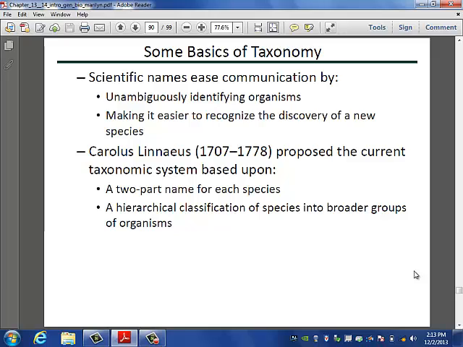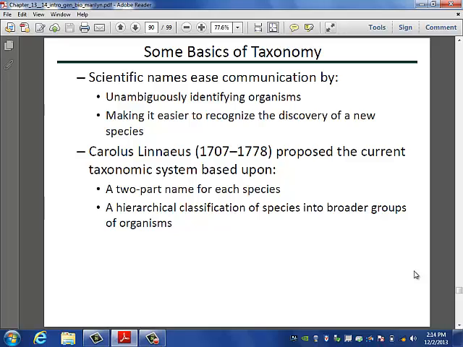Linnaeus proposed the current taxonomic system. When? A very long time ago. So your science book, as far as this chapter goes, has changed quite a bit if you go back and look at some older ones. And I'm guaranteeing it's probably going to change a lot more.